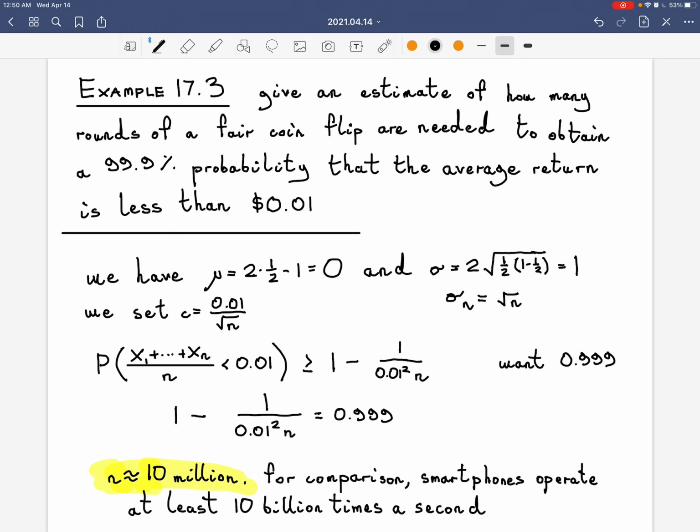Okay, so this is what we need to do. We have a fair game. So this is the coin flip we were thinking about in the context of de Moivre's theorem. And the standard deviation scales like the square root of n, which is the basic reason probability works. So we set the constant to cancel out the growth in the standard deviation.